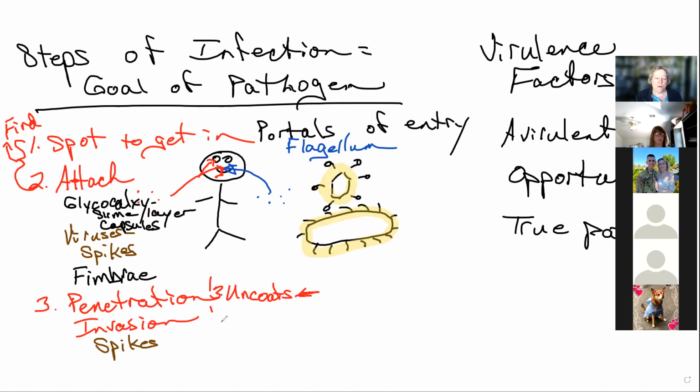Now, for this part, we haven't talked about this kind of thing in a long time, but for bacteria, they can produce toxins. Toxins are generally small proteins, peptides, that do a variety of things.